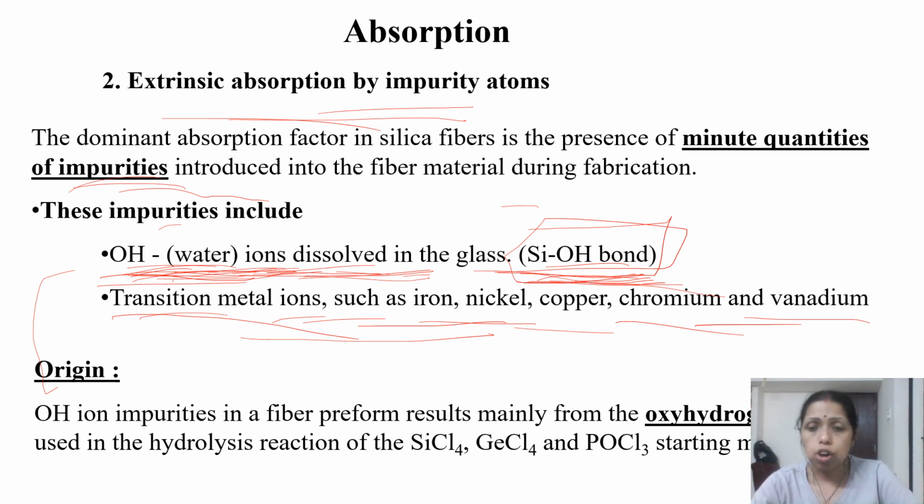Suppose some oxyhydrogenation, some hydrolysis reactions are there during the fabrication process. At that time the OH ion can be created, and this OH ion acts as an impurity which creates a bond with the silicon. Right, so these are some reactions, with silicon tetrachloride, say germanium tetrachloride, like that.